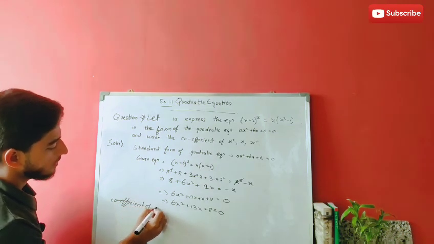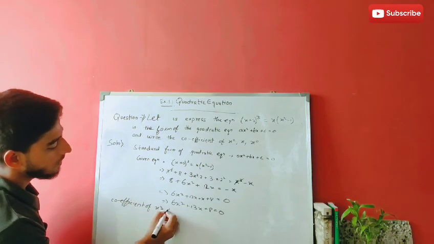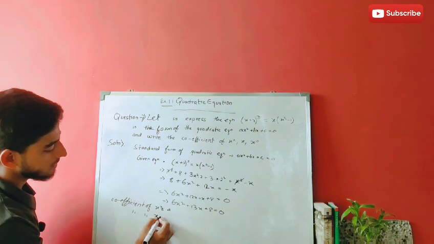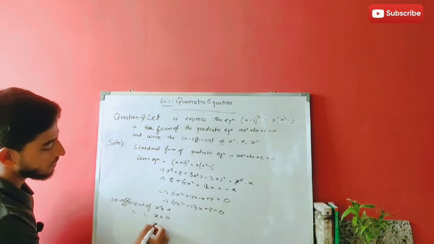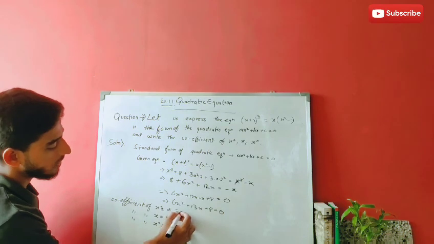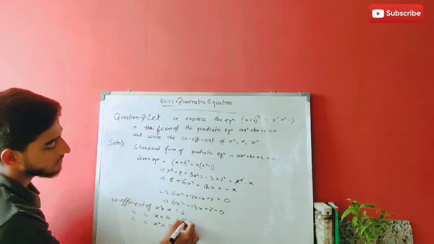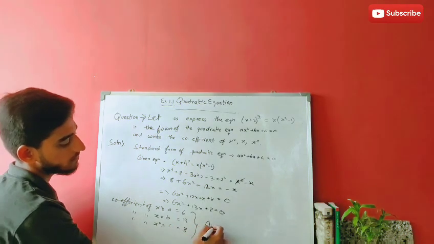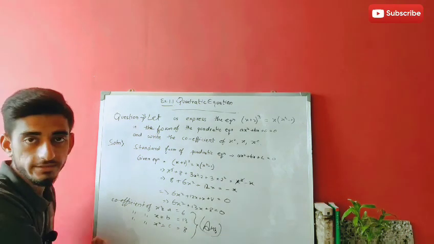Coefficient of x square is equal to a, coefficient of x is equal to b, and coefficient of x to the power 0 is equal to c. So a is 6, b is 13, c is 8. This is our answer.